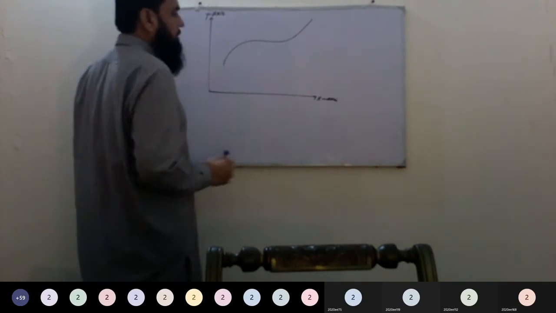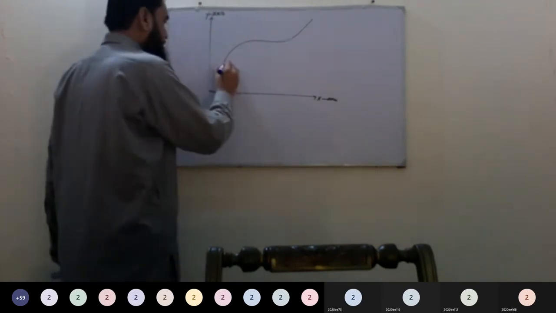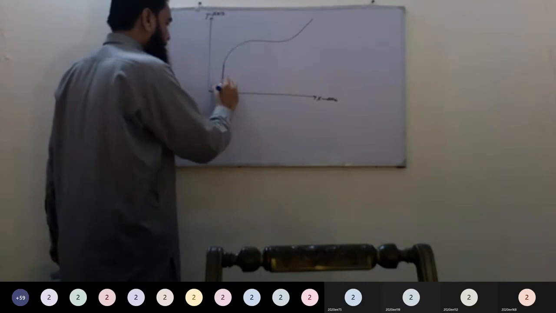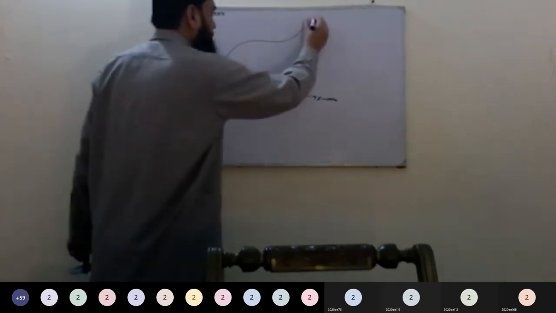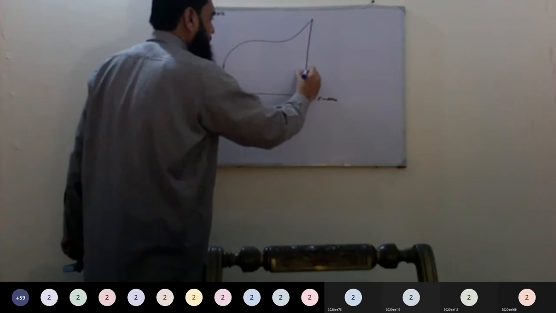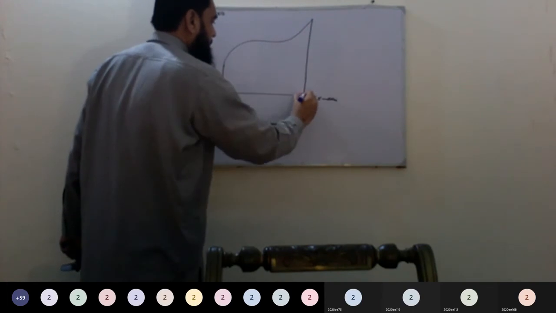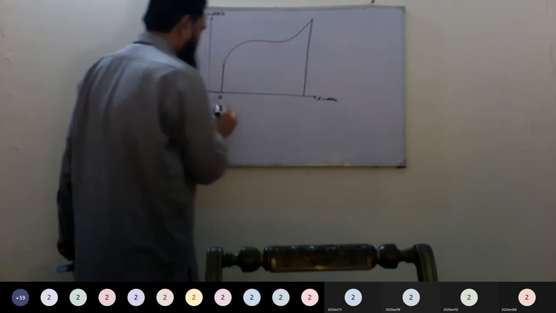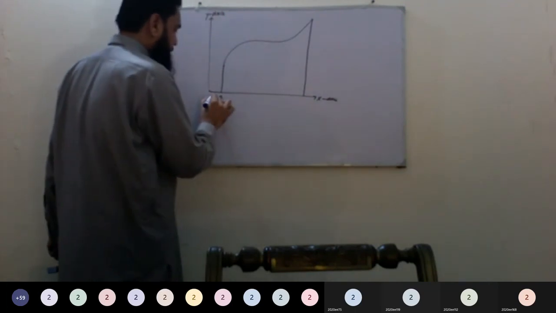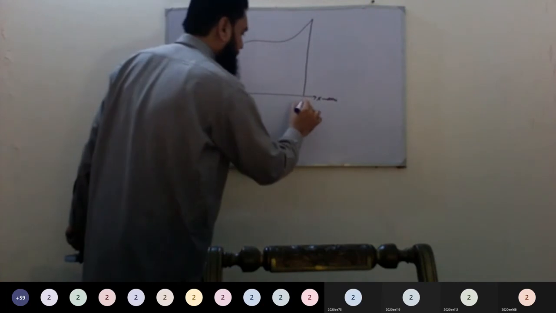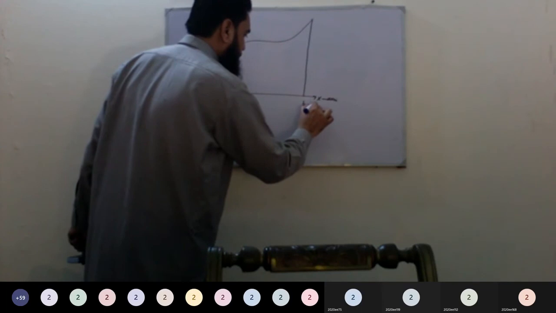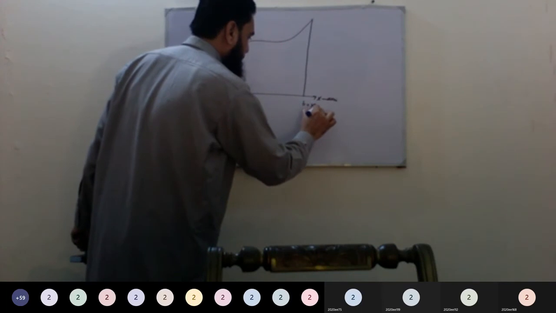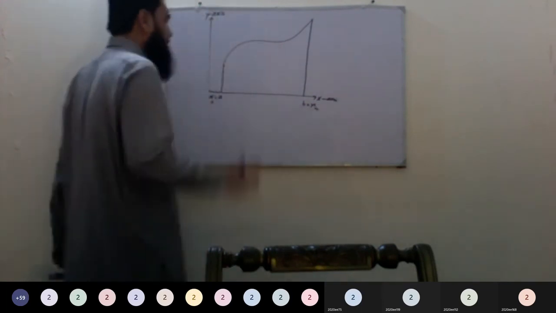For example, like this one, described over the interval from A to B. The left extreme value of x we could label x naught is equal to A, and the right extreme value is going to be B for xn.